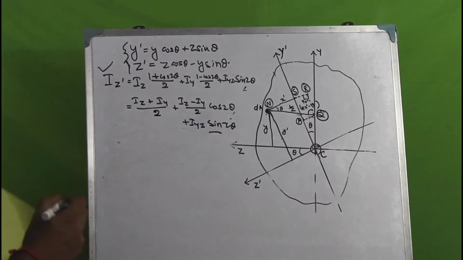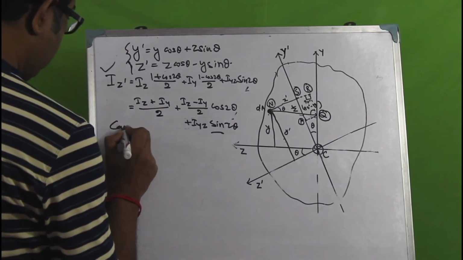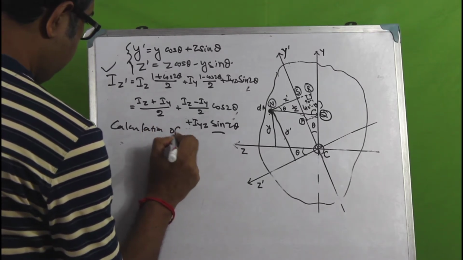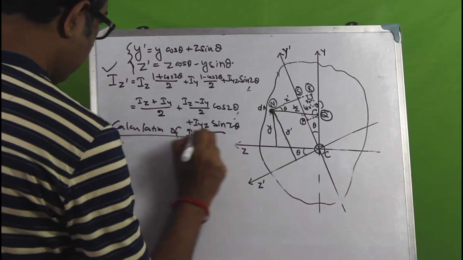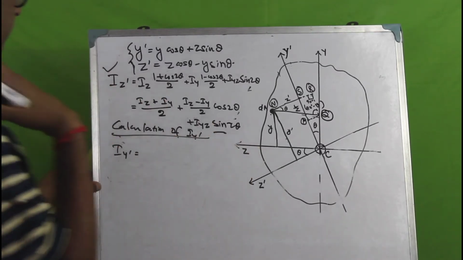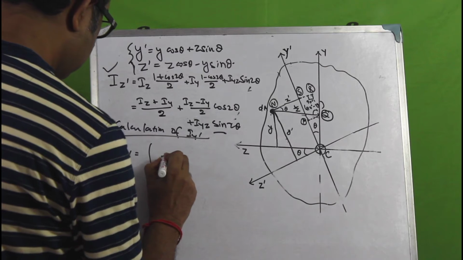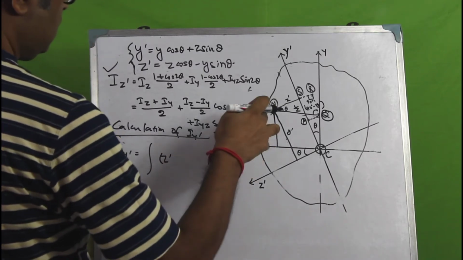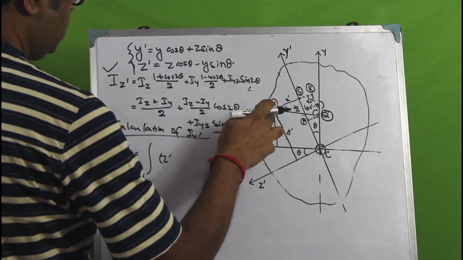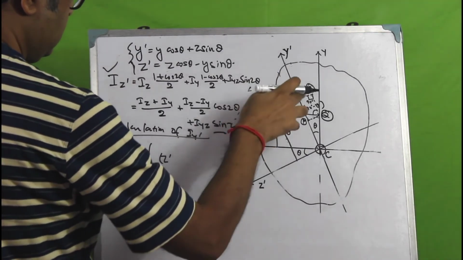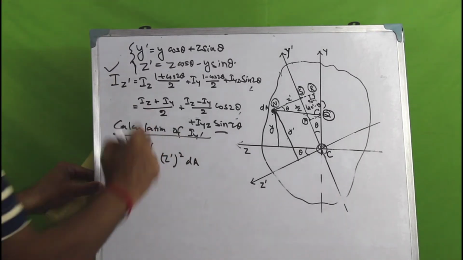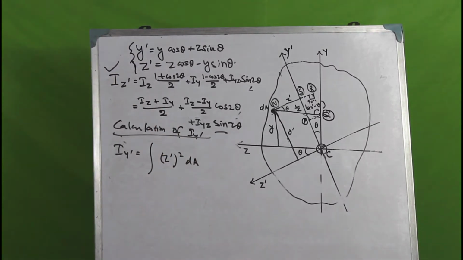Now, let us go for the calculation of Iy dash. In the same manner, for this infinitesimal area, Iy dash would be the second moment about the y dash axis. So the distance is z dash, so z dash square dA, and for the whole cross section area we will do an integration.